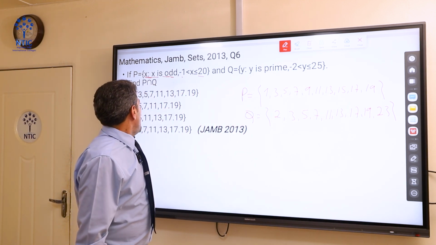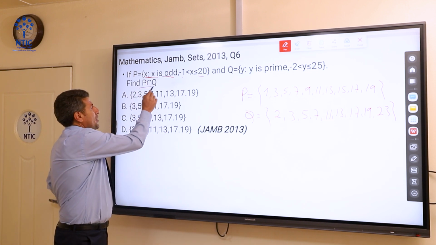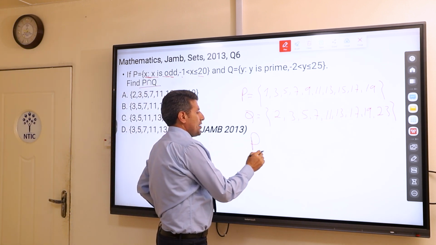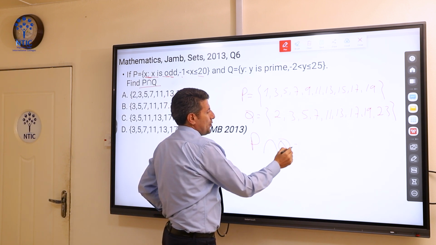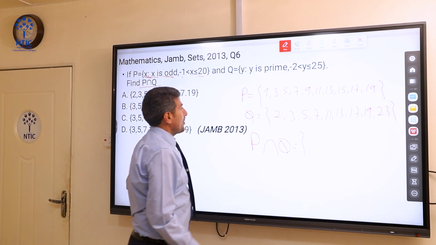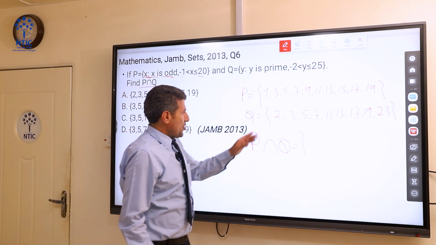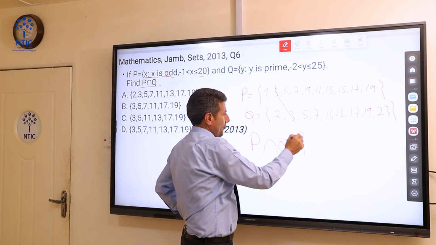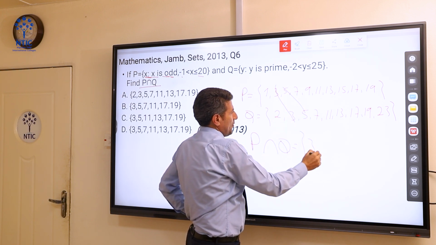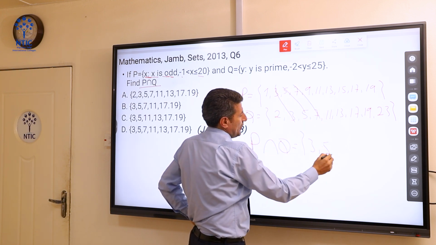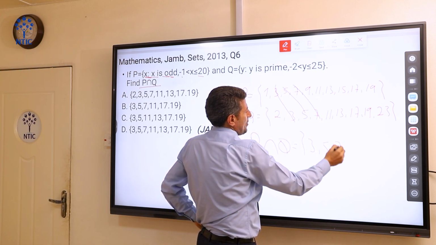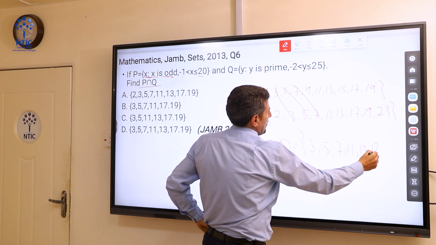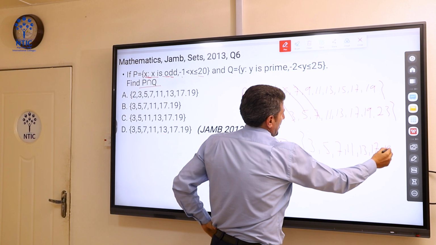So we are looking for what? We are looking for P intersection Q. So what is the meaning of P intersection Q? We are looking for the common elements in both sets. Okay, so which elements are in both? We can see 3, we can see 5, 7, okay? We can see 11, we can see 13, we can see 17, and we can see 19.